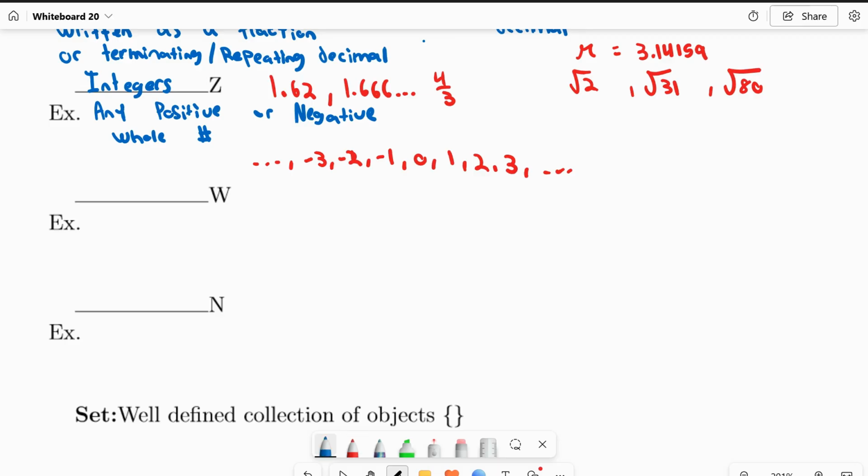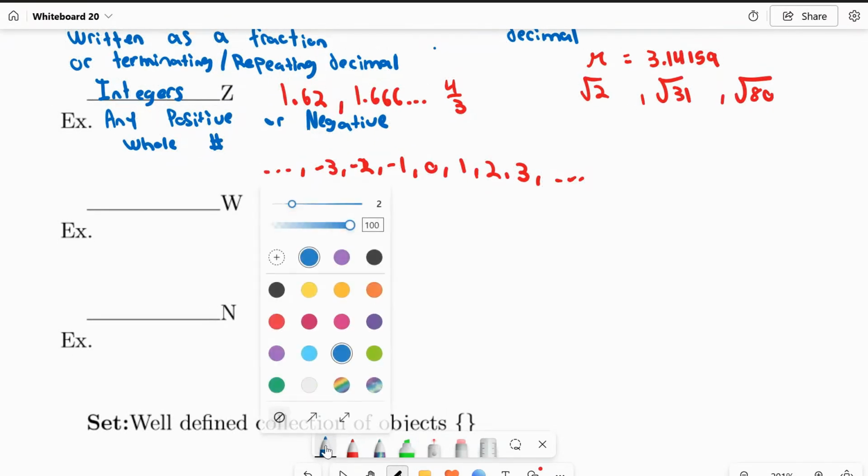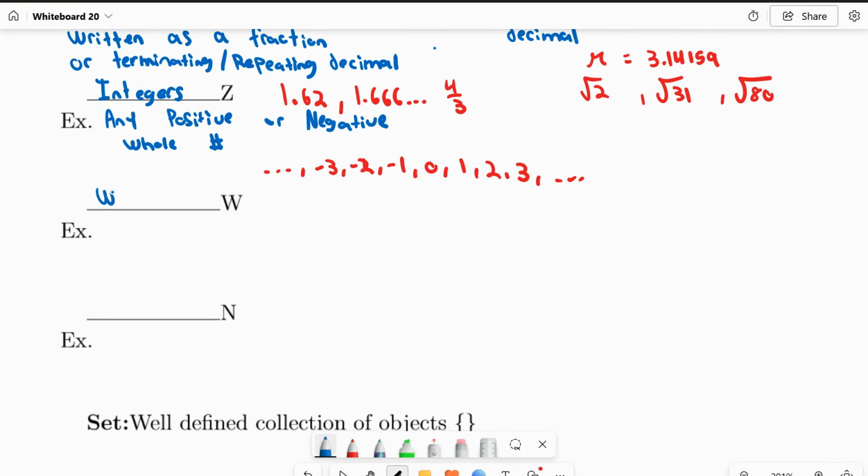W represents our whole numbers. Okay, our whole numbers only account for positive numbers and 0.